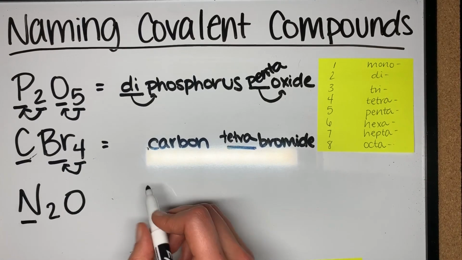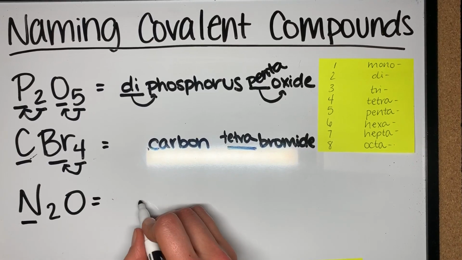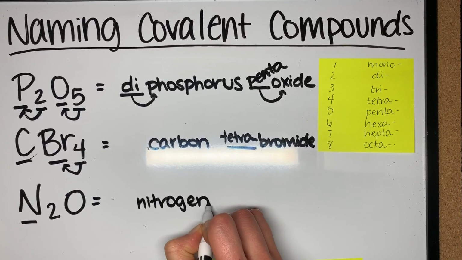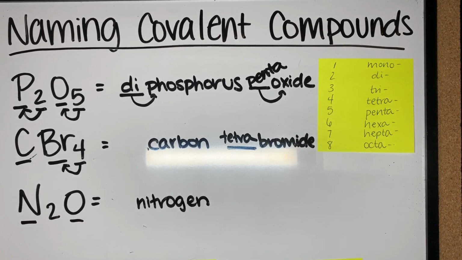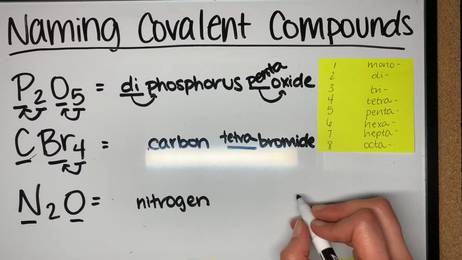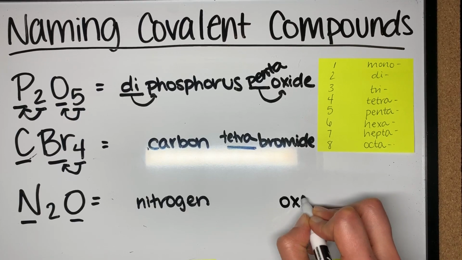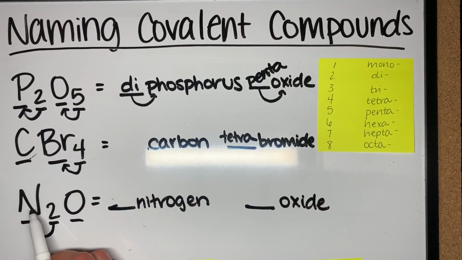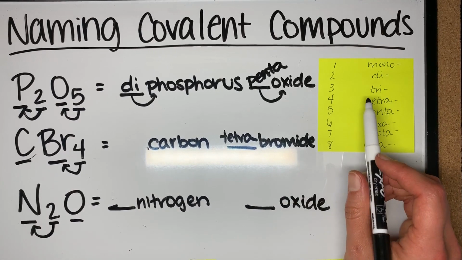Down here, we have nitrogen first. So we are going to just simply write nitrogen. And then we are going to write the name of the second nonmetal with the ide ending, which is oxide. And then we go through and we put prefixes. So here we have 2 nitrogens. Since we have more than one of the first nonmetal, we are going to put a prefix.